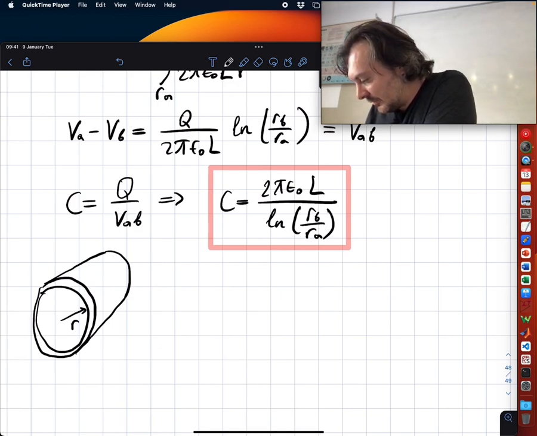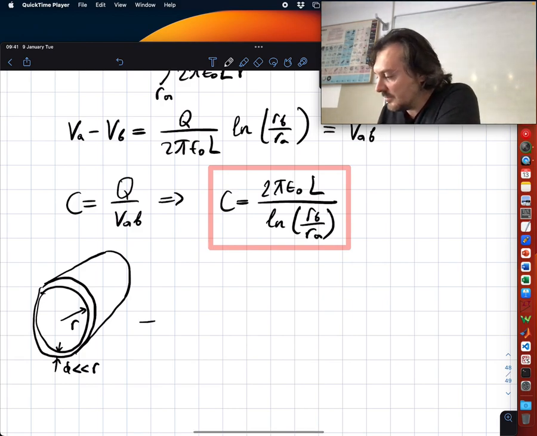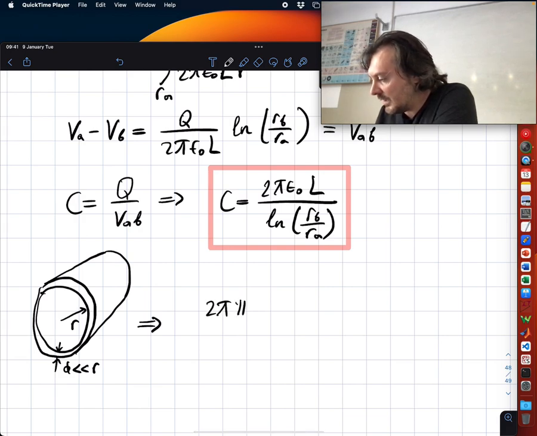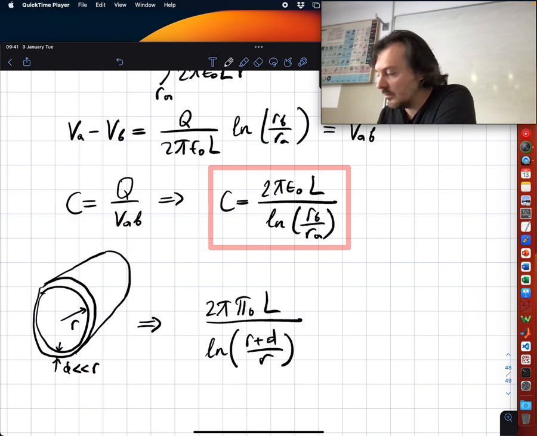So let me call this one D, and D is very small compared to R. If we are looking at this system in this limit, then our capacitance is 2 pi epsilon 0 L divided by ln of (R plus D) over R. Are you following this?